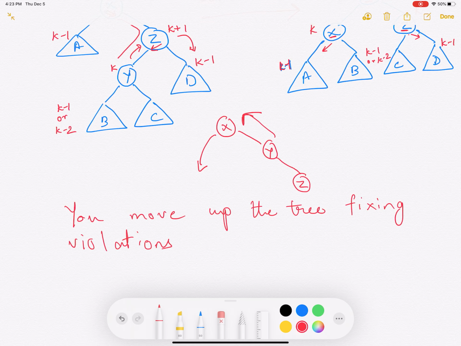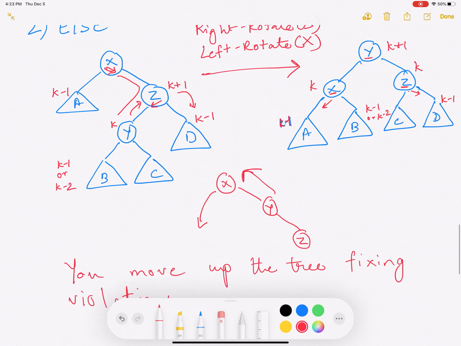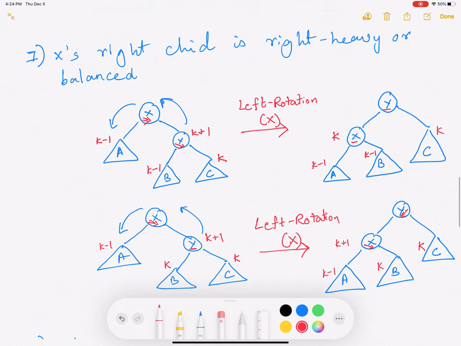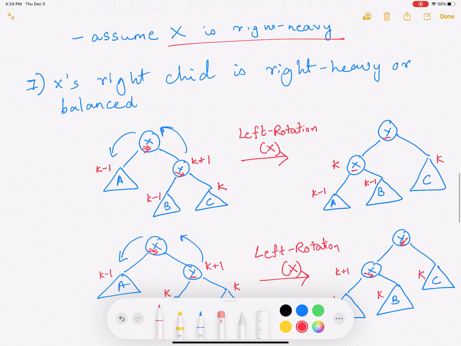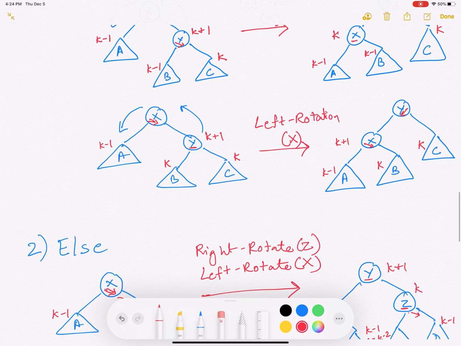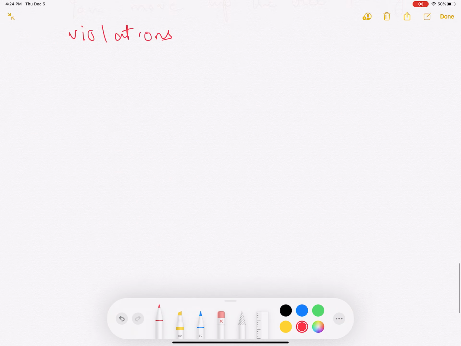Now that we have looked at this case, let us look at the other case where x is left heavy, or going to be doubly left heavy, and look at the 2 other cases. We'll do that with a concrete example.